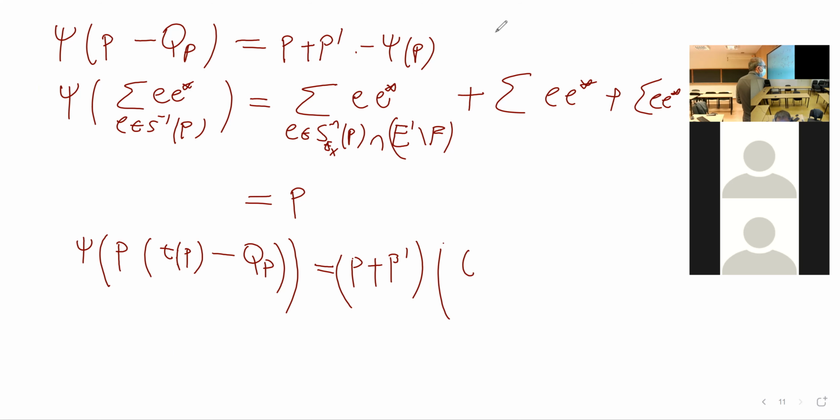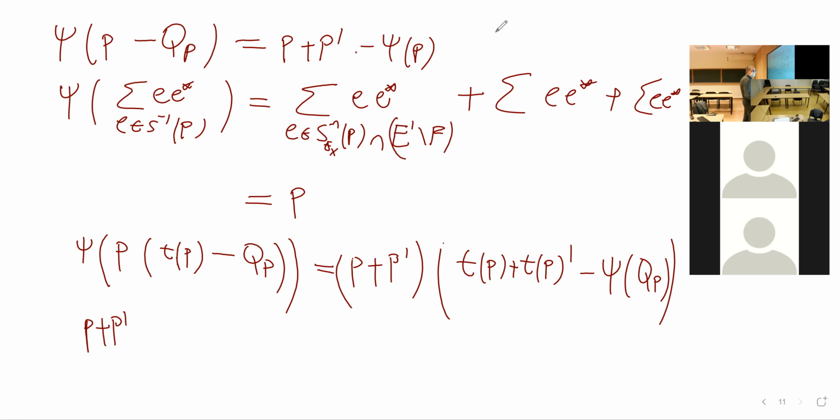Here it is TP, CP prime. And minus psi of QP. So, well, that's what we did before. We surely have P plus P prime and minus P plus P prime times psi of QP.